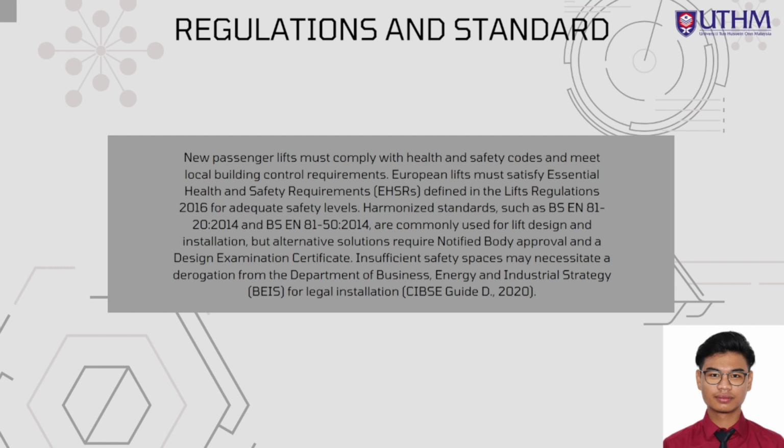Harmonized standards such as a building standard are commonly used for lift design and installation, but alternative solutions require notified body approval and a design examination certificate. Insufficient safety spaces may necessitate a derogation from the Department for Business, Energy and Industrial Strategy for legal installation in accordance with the CIBSE guide.